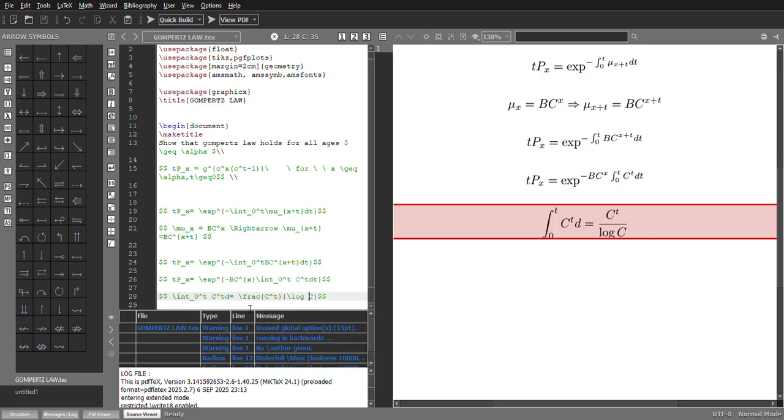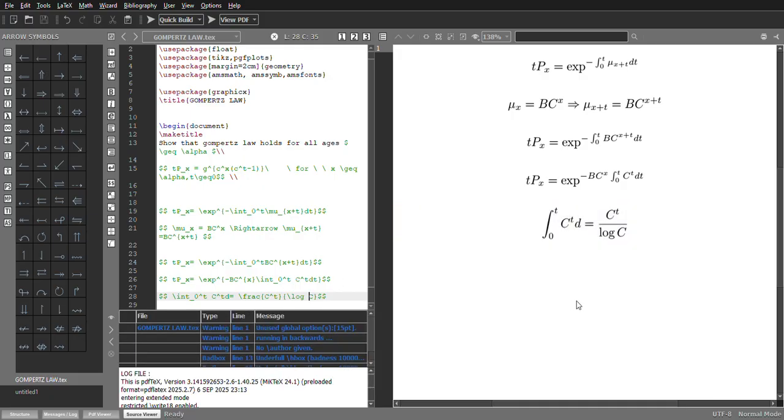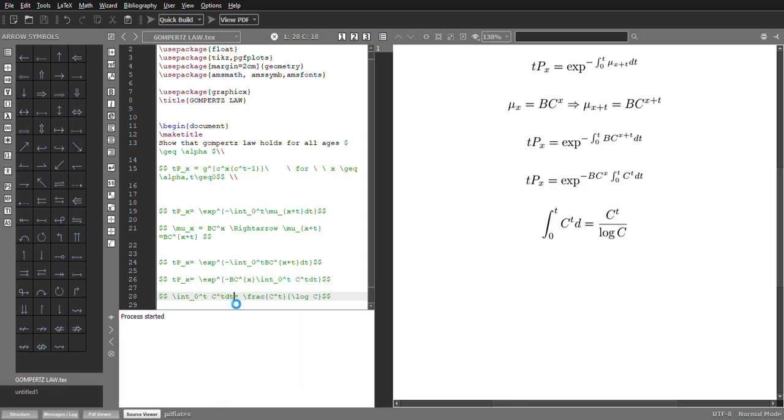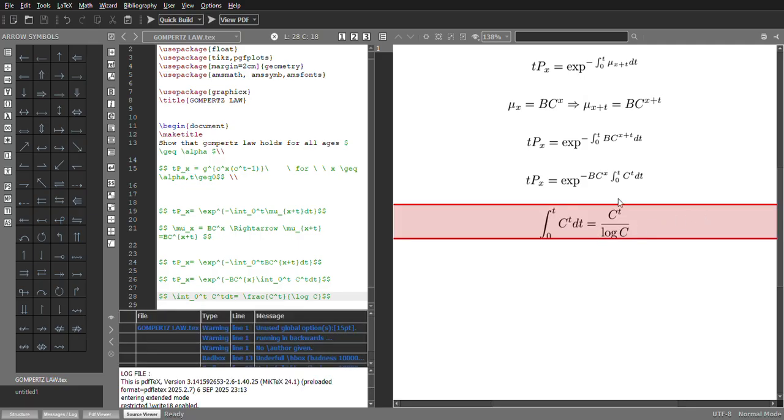Yeah, so as you can see here, this is dt. Where is it? dt. So when we integrate this with respect to t from t to 0, we will have this one.